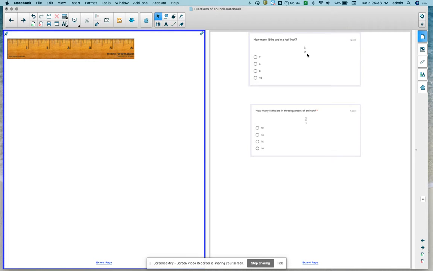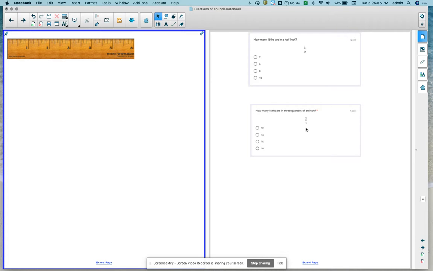What is half of 16? That's one way to look at it. If we're struggling, we can look at a picture of a ruler and count these lines. 1, 2, 3, 4, 5, 6, 7, 8. And that's where I stop for my half inch. There are 8 16ths.